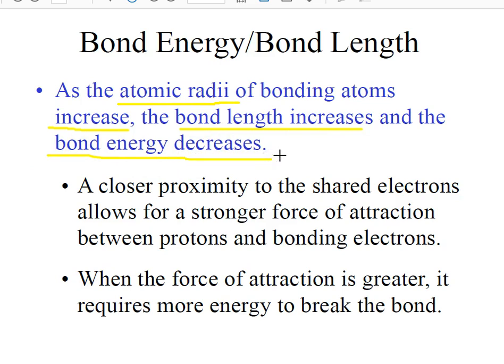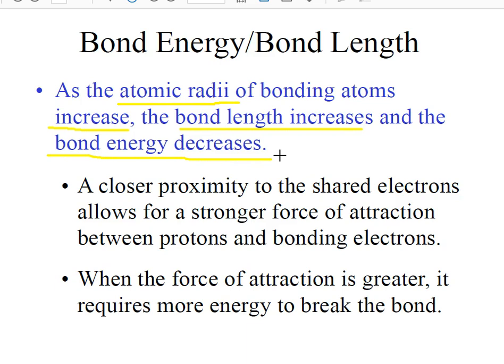The reason for this is if the nucleus is in close proximity to the shared electrons, that's a stronger force of attraction between the protons and those electrons. So that would be a stronger bond, a higher bond energy. But when the force of attraction is greater, because of this closer proximity, it's going to make the bond harder to break.